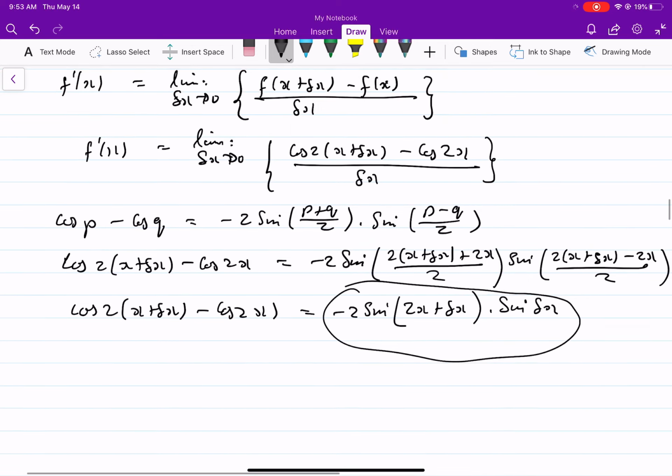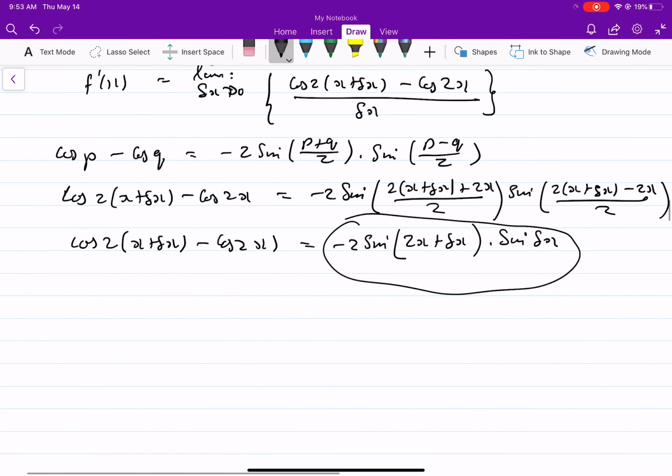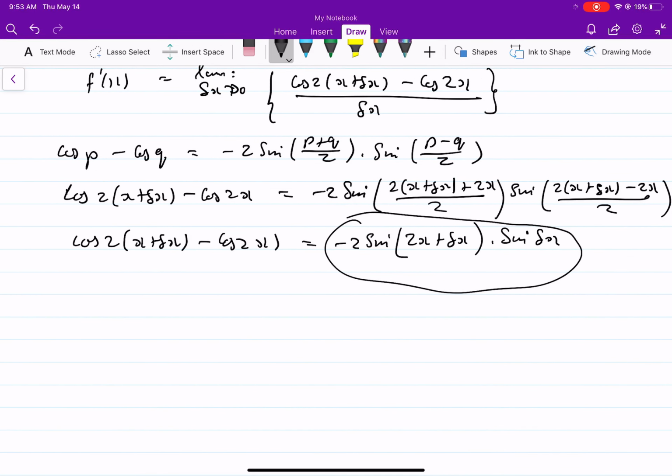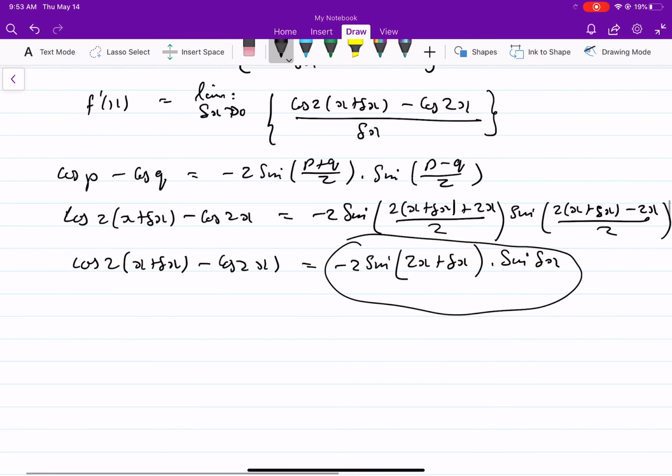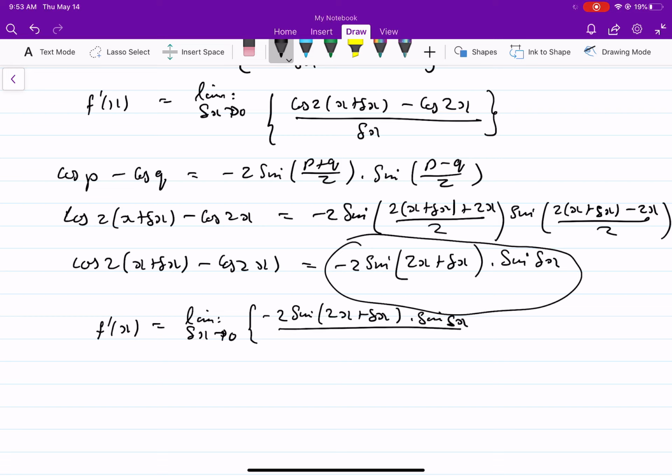There, f prime of x is equal to the limit as delta x approaches 0 of minus 2 times the sine of 2x plus delta x times sine of delta x, divide that by delta x.